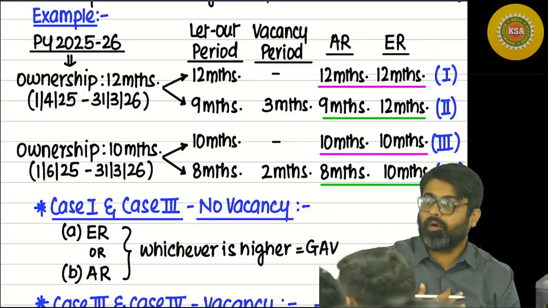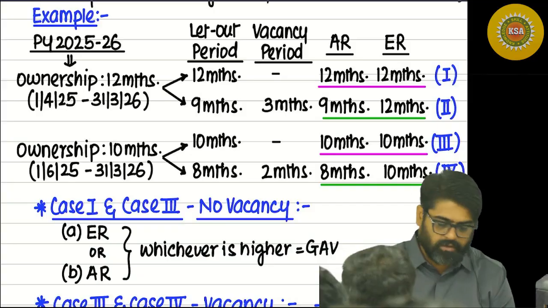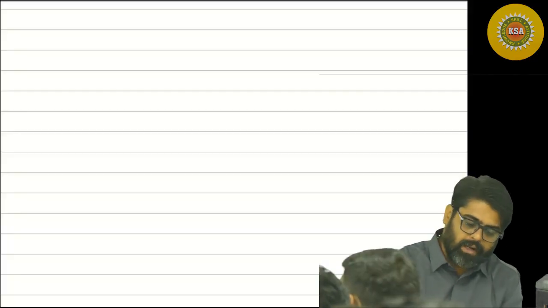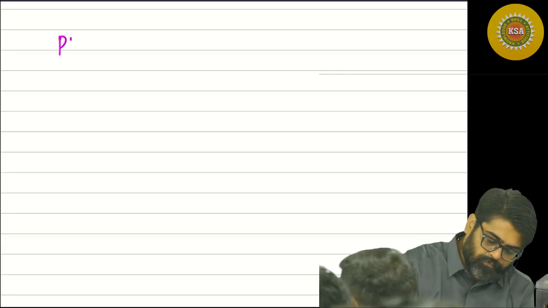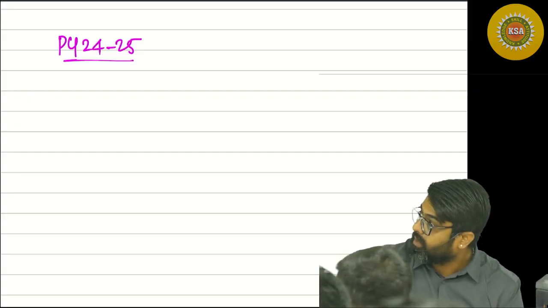So, for example, in my previous year, for us the previous year is 24-25.